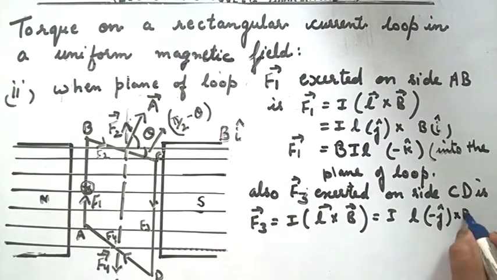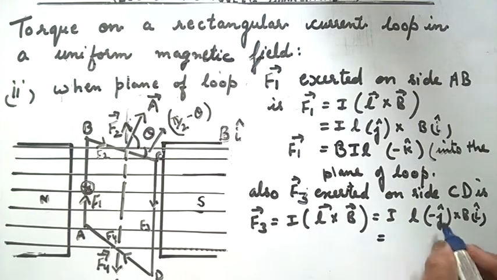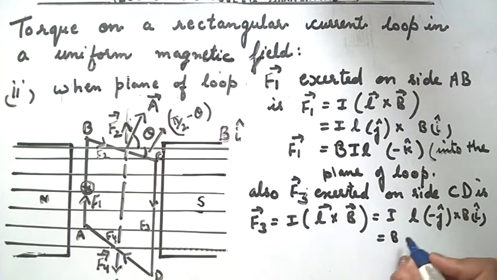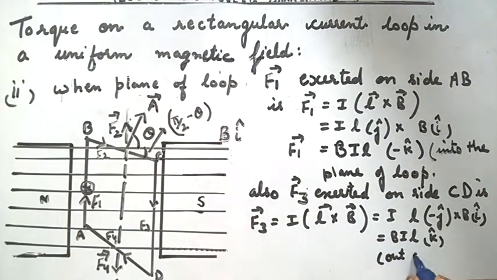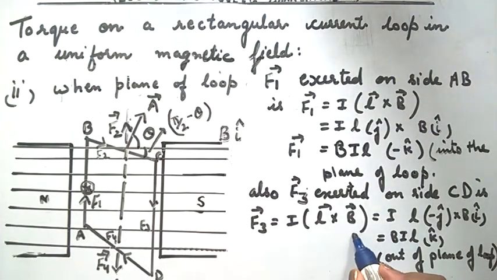J cross i is minus k, minus into minus is plus k. That is along the positive z-axis, or out of the plane of the loop, represented by a dot.